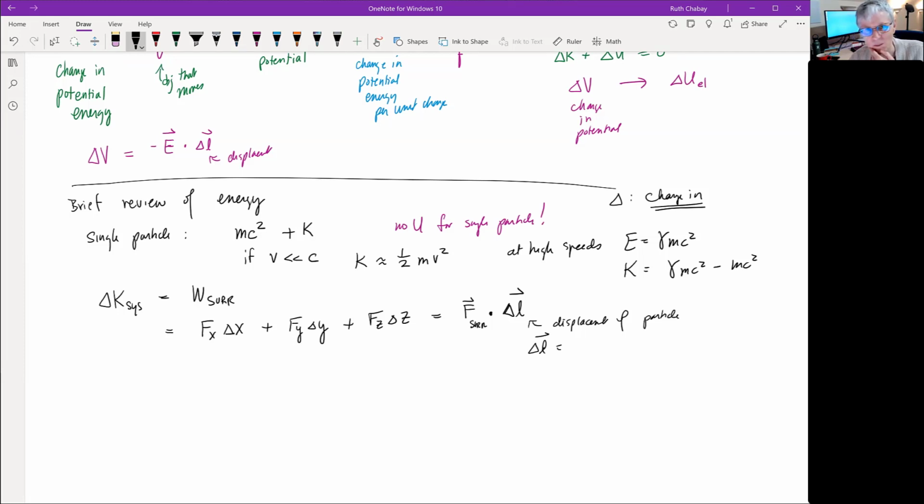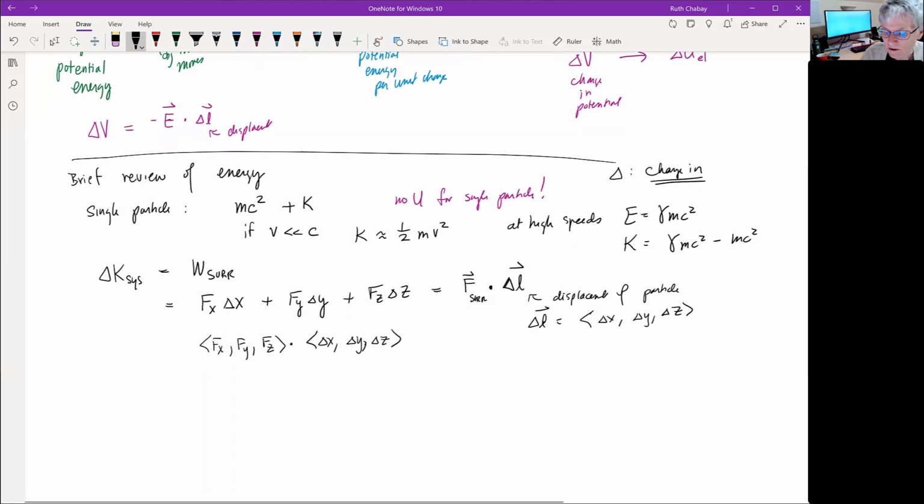That's a lowercase l, but I write it as a script L because if you just write a sans serif lowercase l, you can't tell that it's not a 1. So it's delta x, delta y, delta z here. So this dot product is fx, fy, fz dot delta x, delta y, delta z.